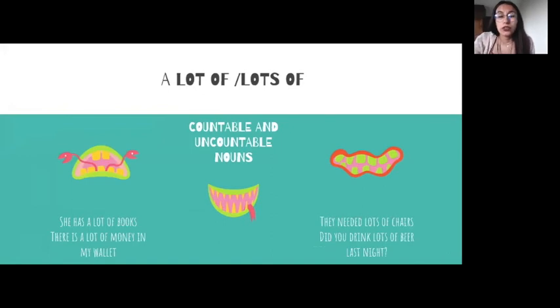So, we are going to use it with countable and uncountable nouns. Okay, here I have one example. Acá tenemos el primer ejemplo. She has a lot of books. The noun for this example is books. Books is a countable noun.